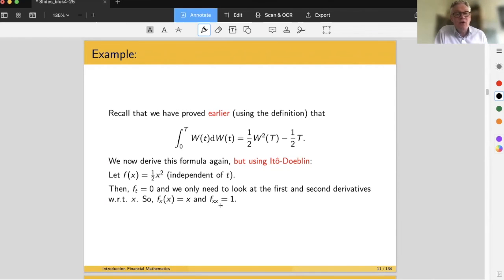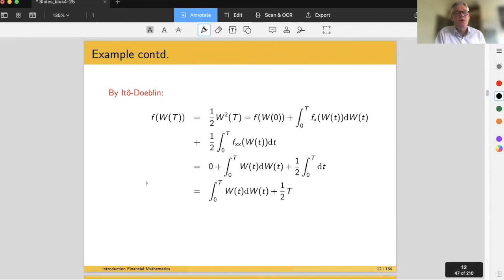Now, plugging this all in the Ito-Doeblin formula gives us the following. So f with argument W_T is by definition, since the function f was 1/2 x squared, 1/2 W_T squared.